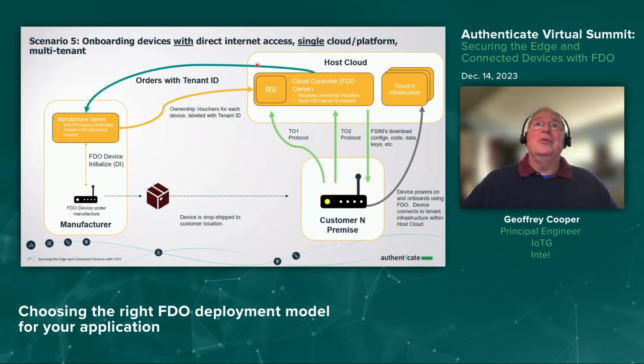We've got the orders coming in with tenant ID, and then the ownership vouchers are now labeled with tenant ID, and now the device appears and comes up and goes into this transfer ownership 2 protocol, and the FSIMs will see the tenant ID and the cloud will pass the device over to the tenant infrastructure. So when the device is in service, it's now in service within the particular tenant that it was intended to be in.